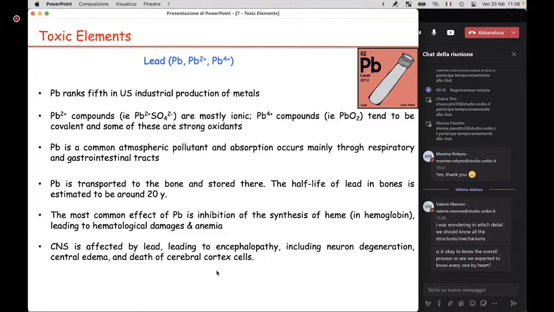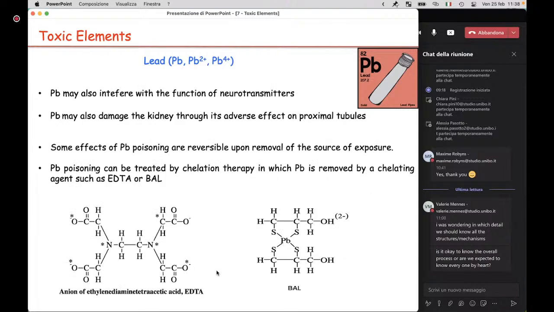So if those cells die, this is, of course, really, really dangerous. It can lead, for example, to dementia. Okay, it can also interfere with other kinds of neural transmission, but this is something included in the previous toxicity, and also some toxicity toward the kidney with the same mechanism as mercury we've seen before.